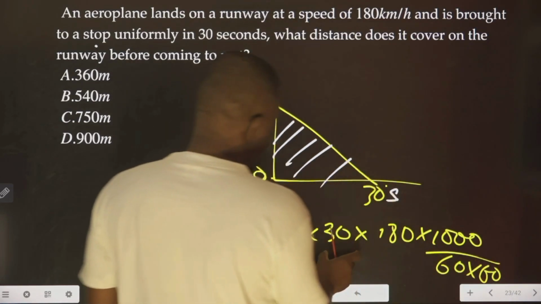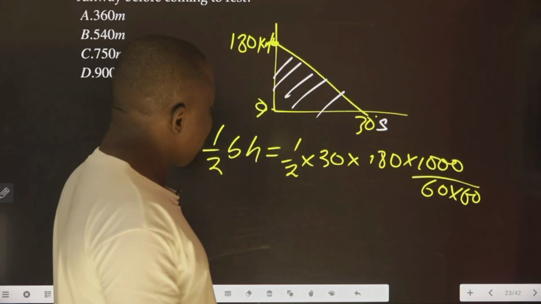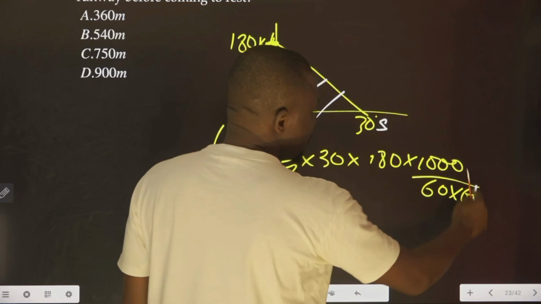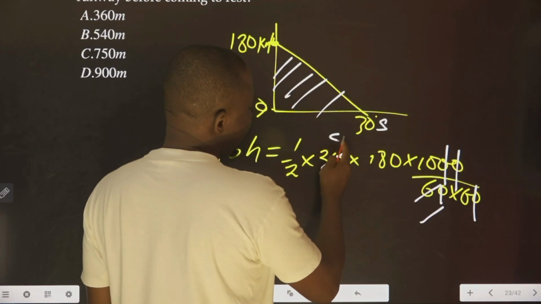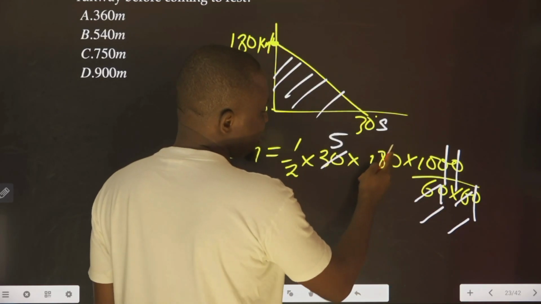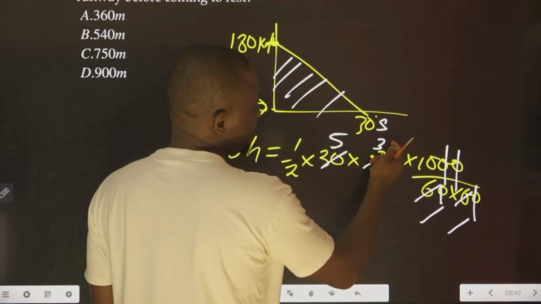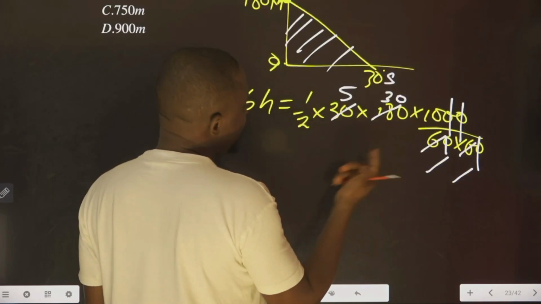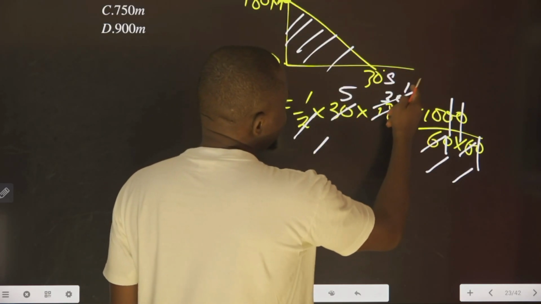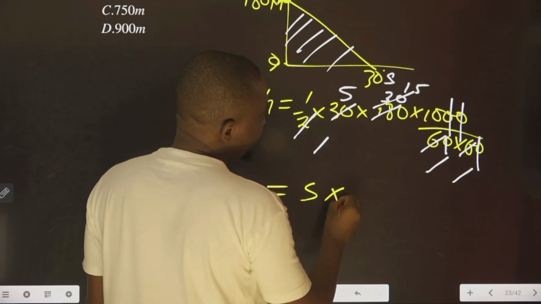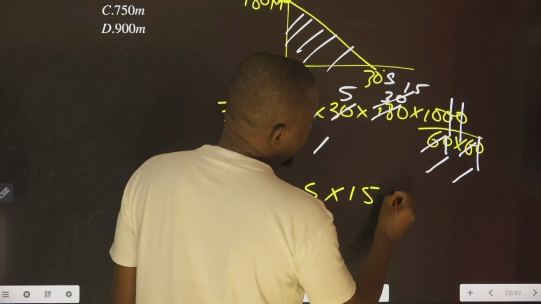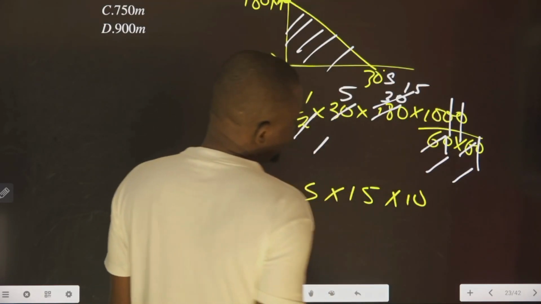All you need to do now is just to calculate. Don't have a problem again. So we're going to use 0 to cancel 0, 0 to cancel 0. 6 here 1, 6 here, you're going to have 5. 6 here 1, 6 into this is 3. That is 30. So before that, this here 1, this here 15. So what is remaining now is 5, 15, and this 10.